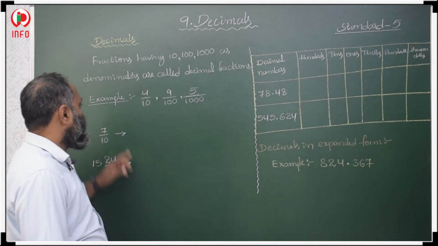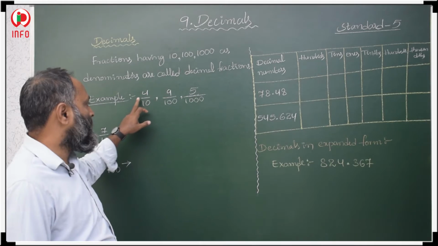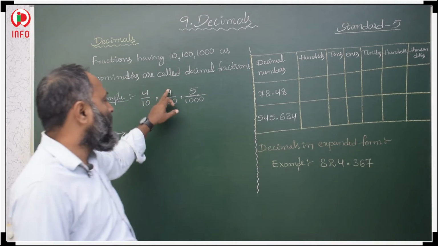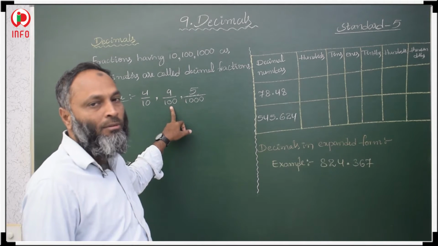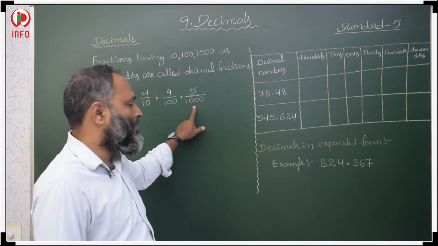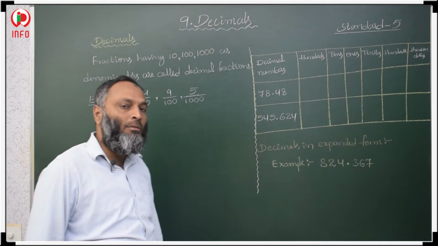For example, 4 by 10, the denominator is 10, so it is a decimal fraction. 9 by 100, the denominator is 100, so it is a decimal fraction. 5 by 1000, the denominator is 1000, so it is a decimal fraction.